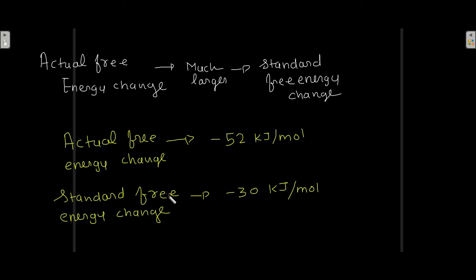The actual free energy change is minus 52 kilojoule per mole and the standard free energy change is minus 30 kilojoule per mole. Okay, so in intracellular condition, when there is hydrolysis of ATP, in those conditions you get 52 kilojoule per mole energy out of it. And if you are doing it not in the intracellular condition, then you get this much amount of energy.